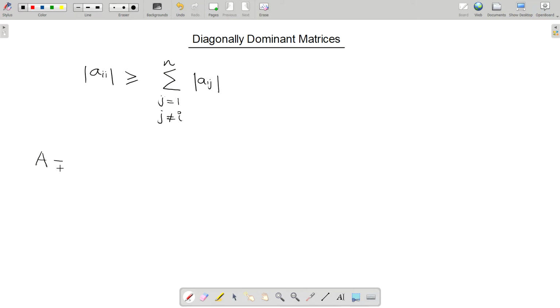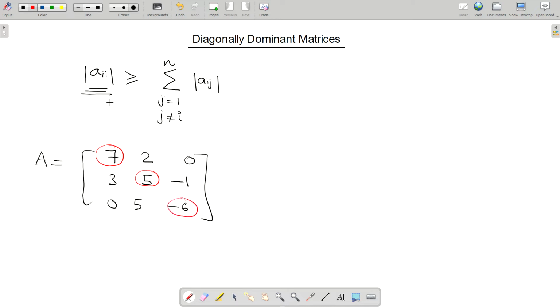Suppose our matrix A is [7 2 0; 3 5 -1; 0 5 -6]. It is talking about the diagonal element. We take the absolute value of the diagonal elements. The diagonal elements are 7, 5, and -6, and here j is varying while i remains constant.